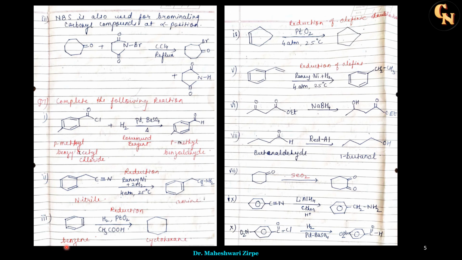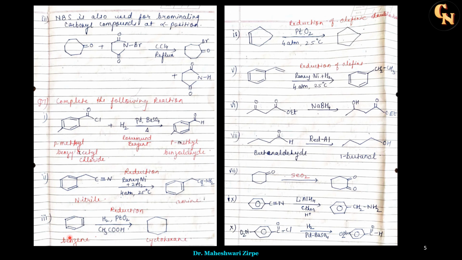Now next is benzene. Benzene reacts with PtO2 and H2. So PtO2 and H2 is nothing but Adams catalyst, platinum dioxide and hydrogen. So it is going to have complete reduction, you can see here, using Adams catalyst, which is nothing but PtO2, that is platinum dioxide, in the presence of acetic acid.